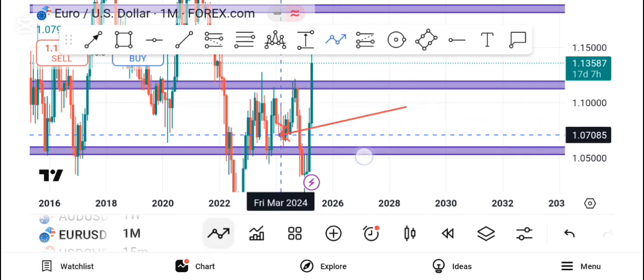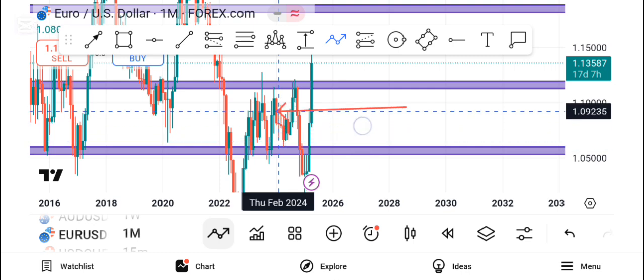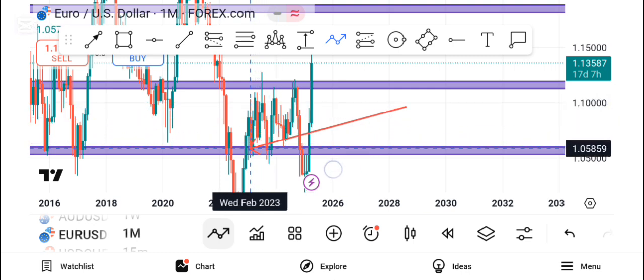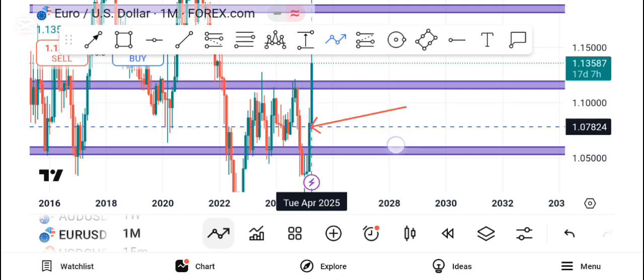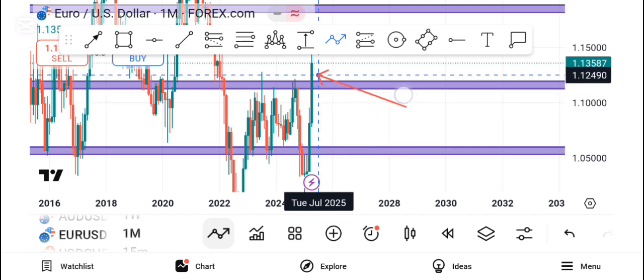You can see price in a range for a very long time, since November, December 2022. Price was just ranging, but it broke out, which makes the market bullish. So we are going to be looking for more buys on Euro USD. So let's continue the analysis.